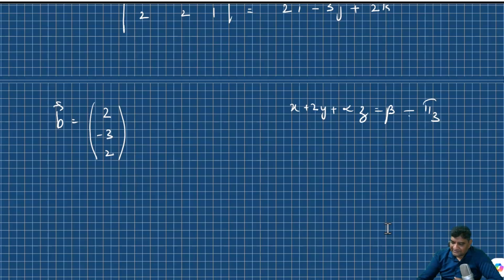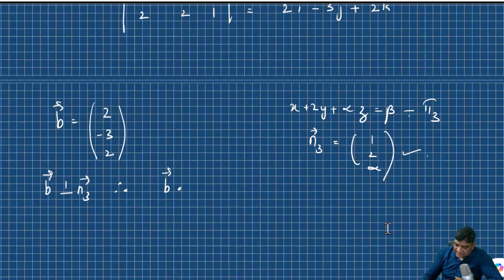Therefore this plane's normal, n3, which is (1, 2, alpha), and the b vector will be perpendicular to each other. B is perpendicular to n3, therefore the dot product of these two vectors will be 0.